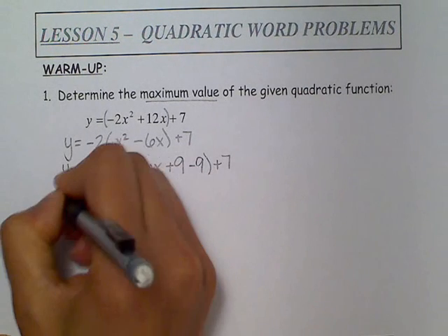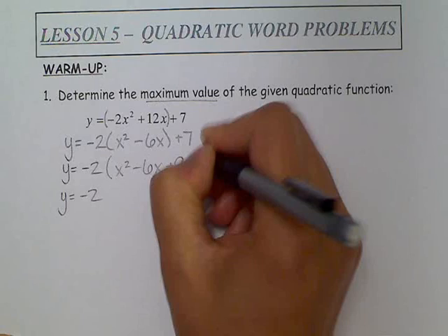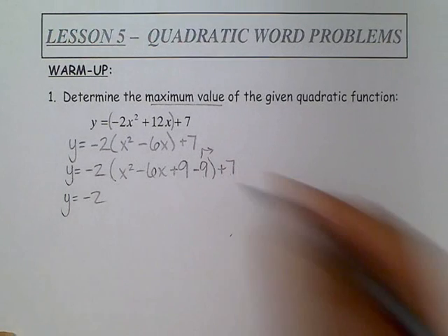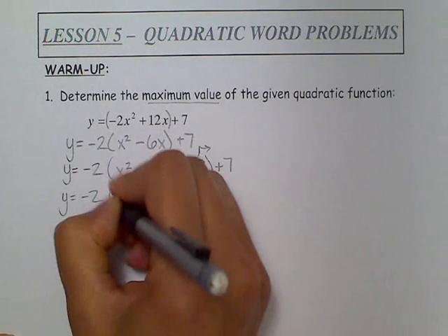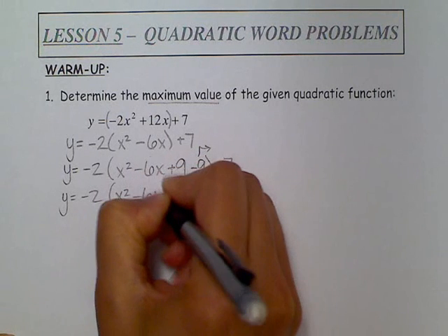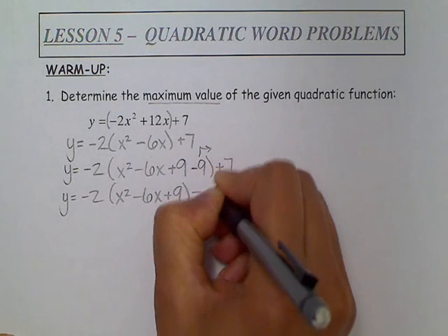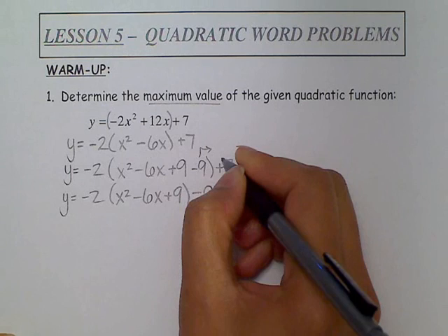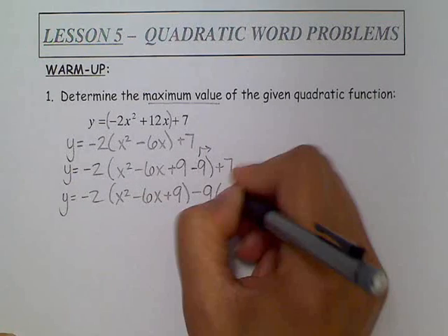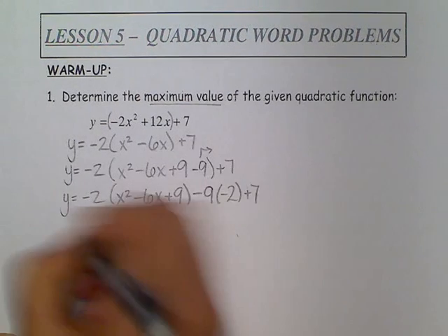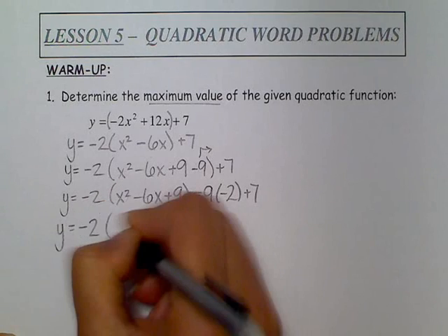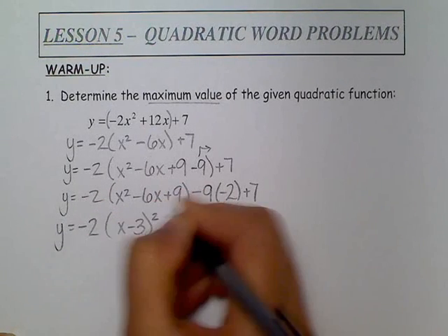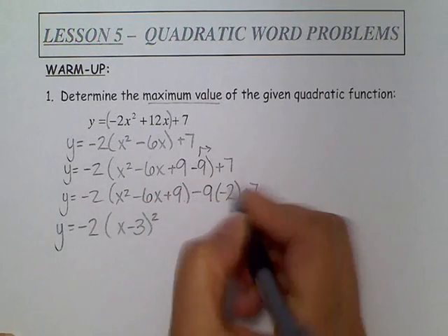And then I'm going to take out the minus 9 because I want whatever's left inside the brackets to be a perfect square trinomial. So I get x squared minus 6x plus 9 minus 9. And remember, anytime you pull out a value from the brackets, you need to multiply it by the coefficient at the front. And you get y equals negative 2 times x minus 3 squared once you factor out the perfect square trinomial.